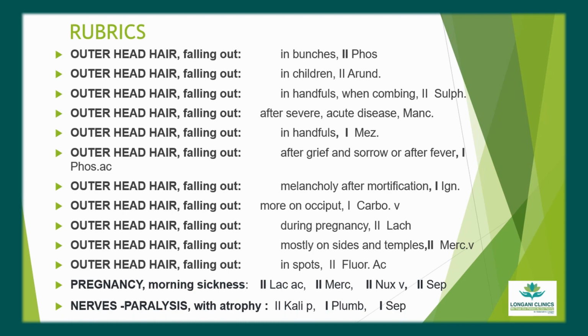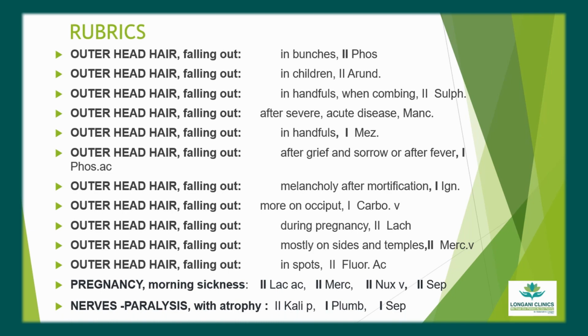Hair falling out more on occiput. The drug mentioned is carbo veg. Hair falling out during pregnancy, lachesis. Hair falling out mostly on sides and temples. The drug mentioned is mercury. Hair falling out in spots. The drug mentioned is fluoric acid.